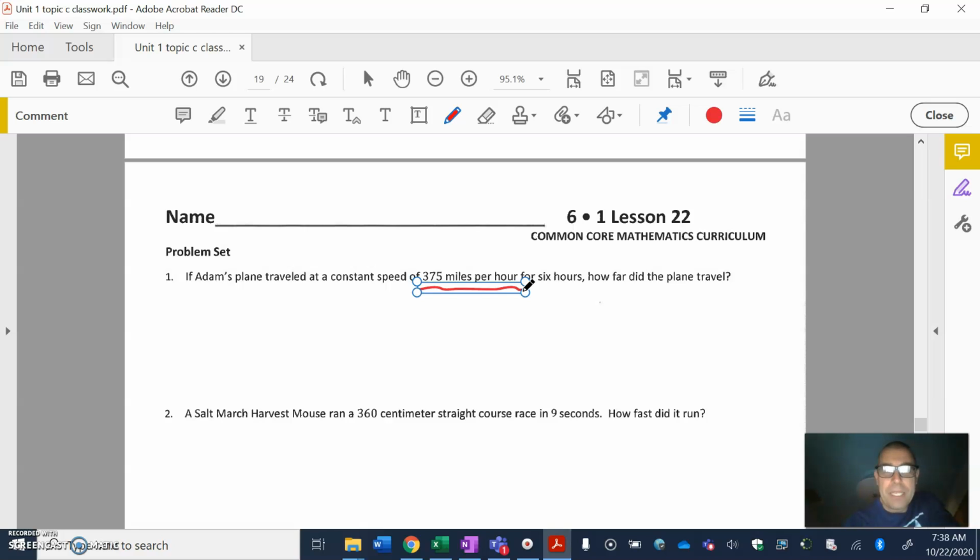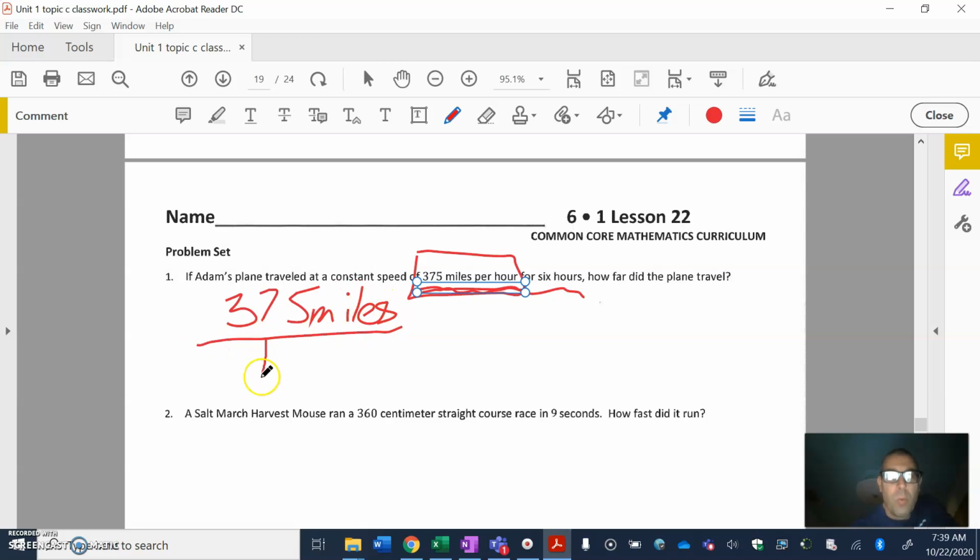Now, here's the thing. I'll have a lot of people that will read this all at once: 375 miles per hour for 6 hours. But hold on, right there is your rate per hour. Anytime we see that word per, we've got to pause and realize that means for one. So when we set it up, it is going to be the 375 miles for the 1 hour.